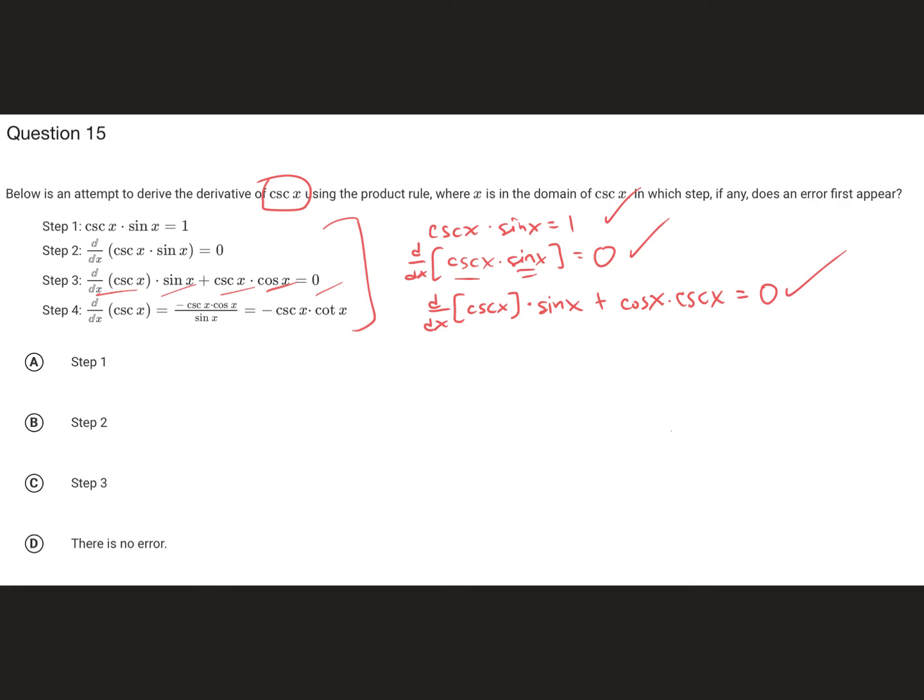And then what they're trying to do again is prove what the derivative of cosecant is. So I want to take this expression that I've written here for step 3 and isolate the derivative of cosecant. So what I'm going to do is move anything that doesn't have that derivative over to the other side.